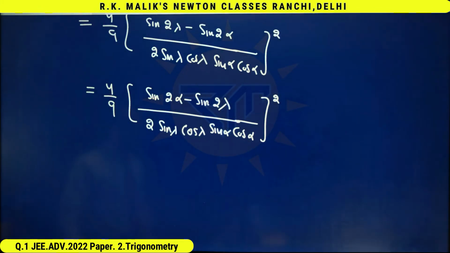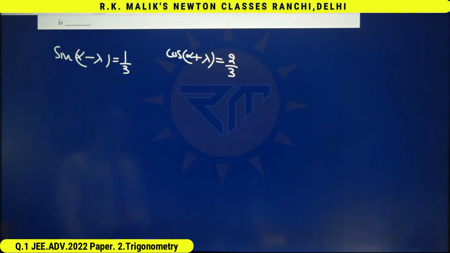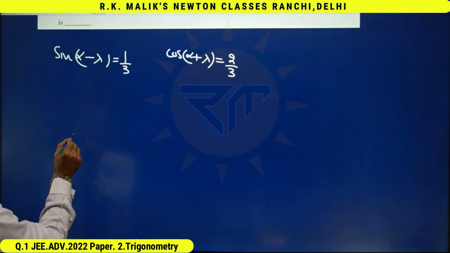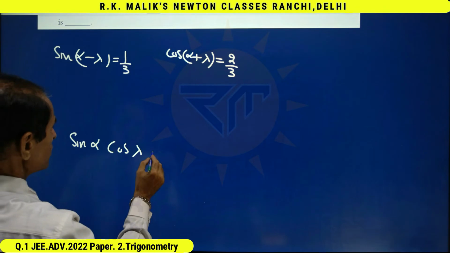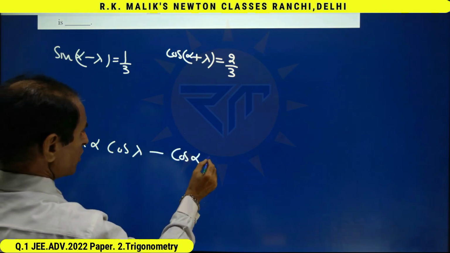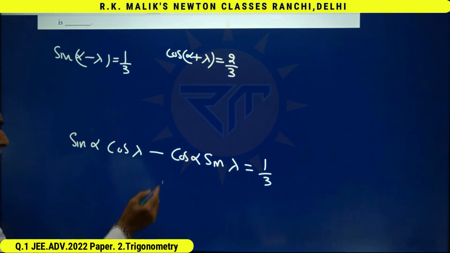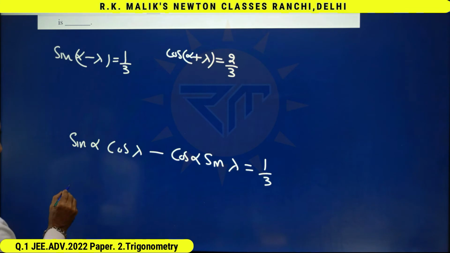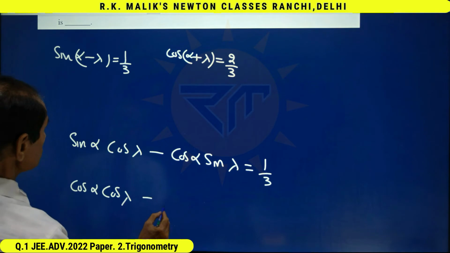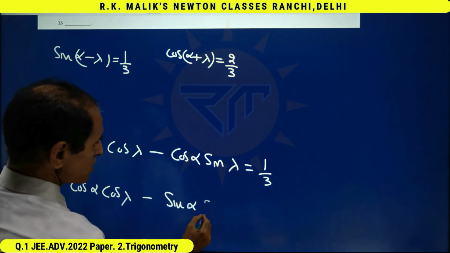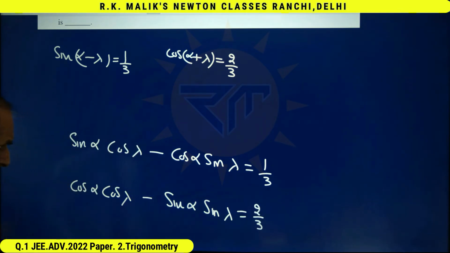Or the third method of finding the value of 2 sin lambda cos lambda sin alpha cos alpha: from here I can say sin alpha cos lambda minus cos alpha sin lambda equals 1 by 3. And from here I can say cos alpha cos lambda minus sin alpha sin lambda equals 2 by 3.